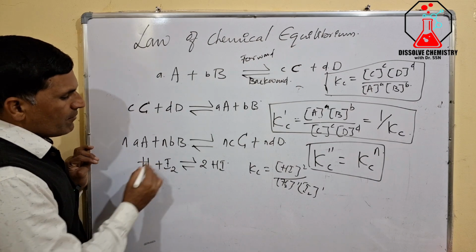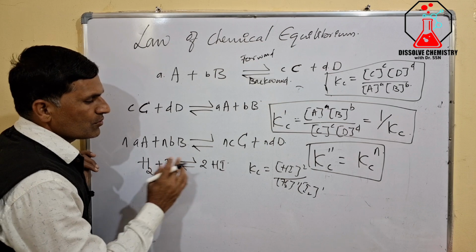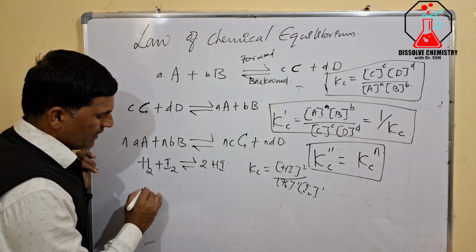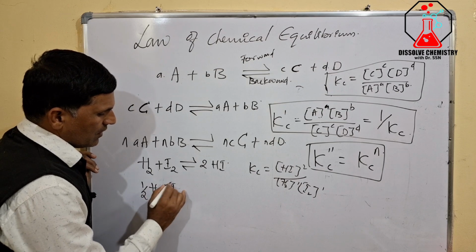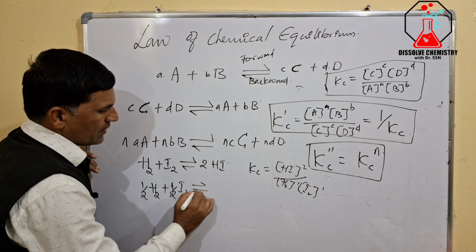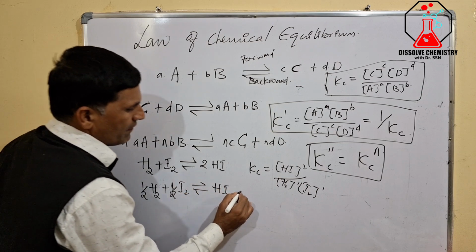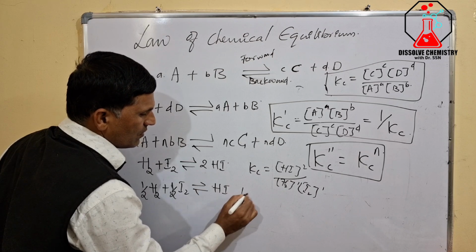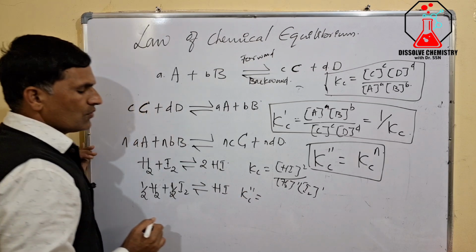So the same, if I multiply this, if I take half mole of H2, half mole of I2 to give 1 mole of HI, then how would it be? H2 by half plus half mole of I2, so then it will give 1 mole of HI, and we will give this equilibrium constant as K double dash C, which is equal to what?